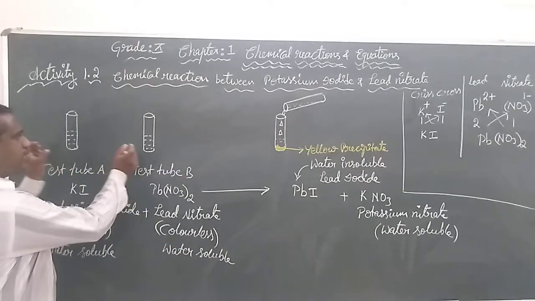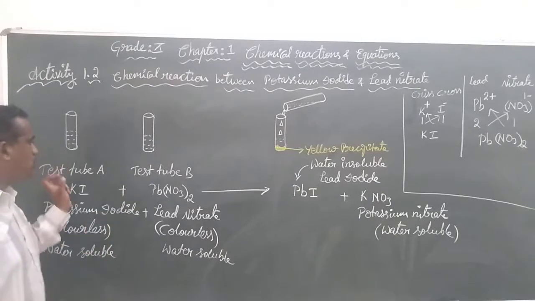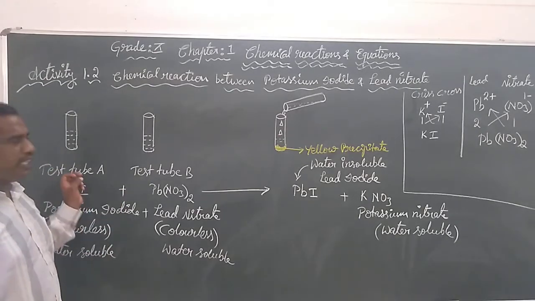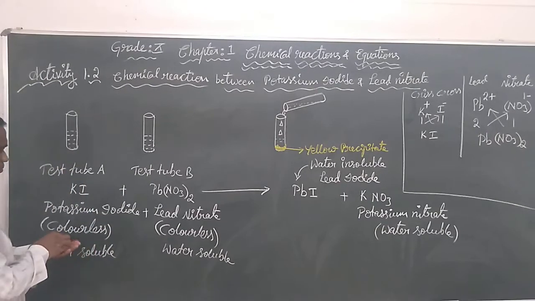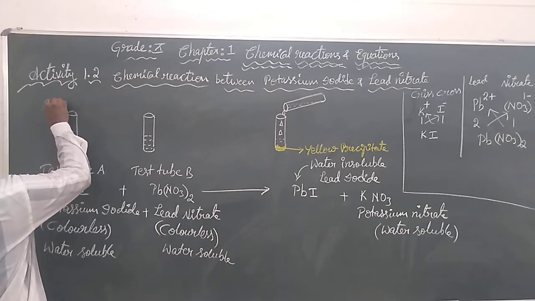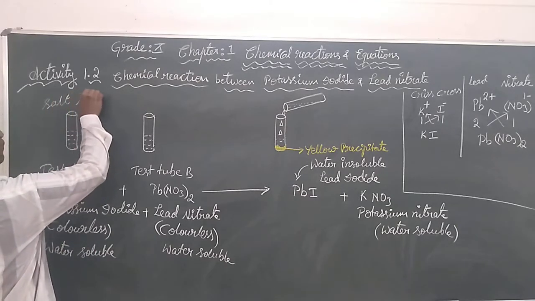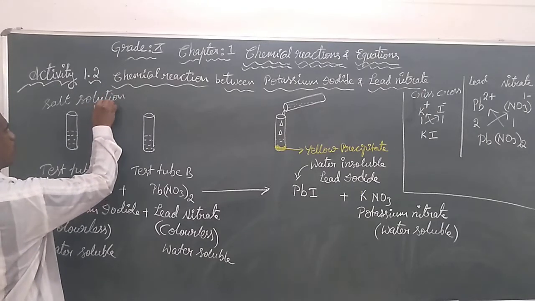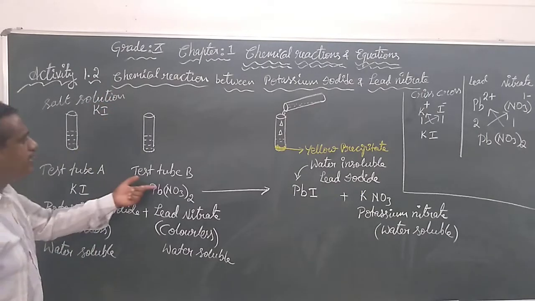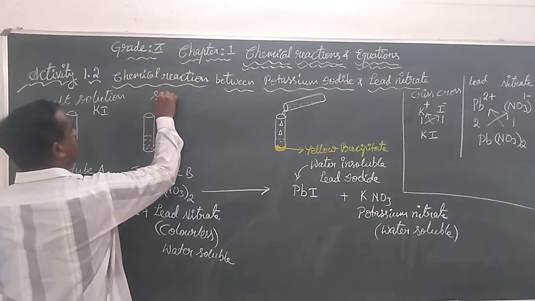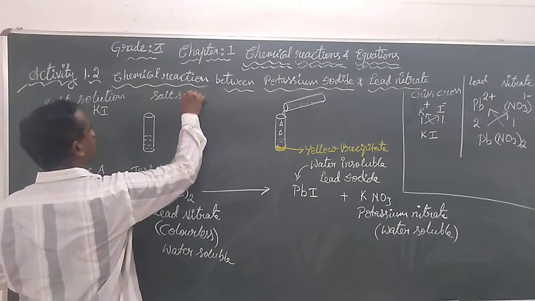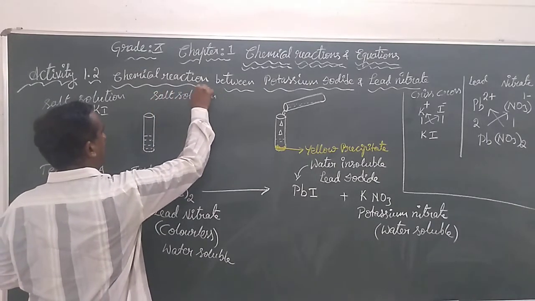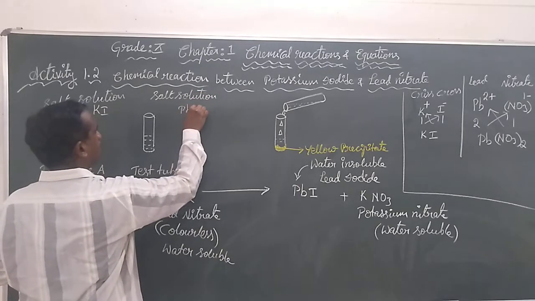Now in test tube A, there is a salt solution of potassium iodide. In test tube B, there is the salt solution of lead nitrate.